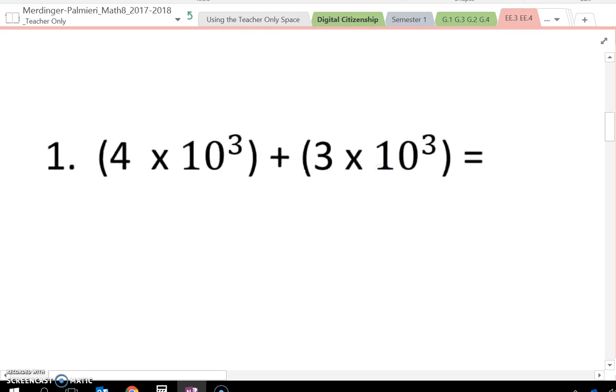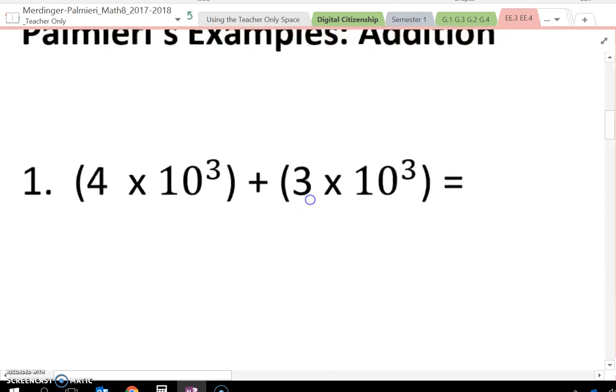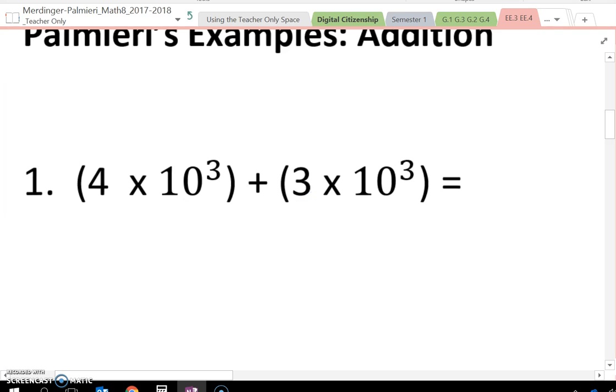So in order to do that, we're going to start off easy and kind of ramp up levels of complexity. You guys know that I like to work this way. So let's take a look at number 1. We're just going to start with adding and then we'll move into subtracting. So for number 1, you want to start by focusing on identifying your exponent. In this case, my exponent is 3 and another 3.